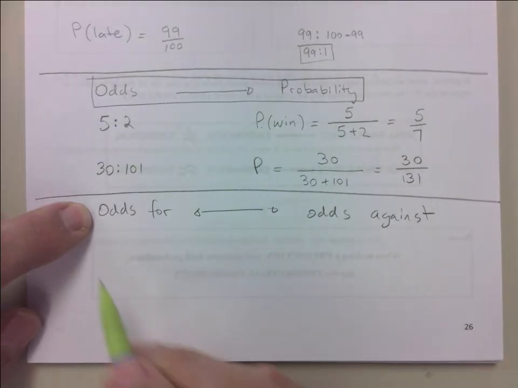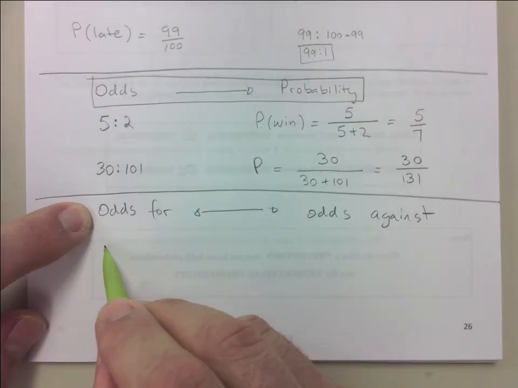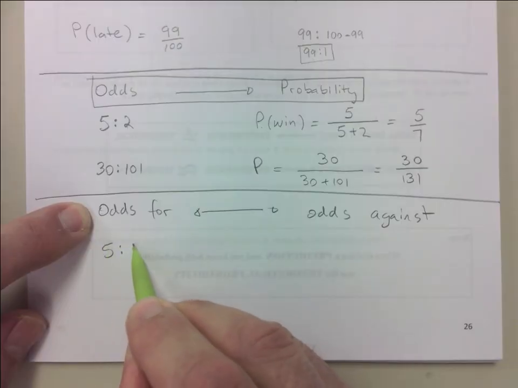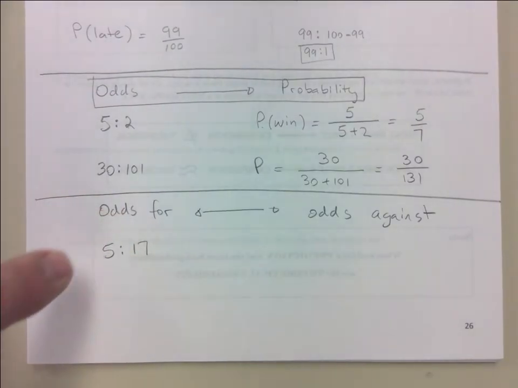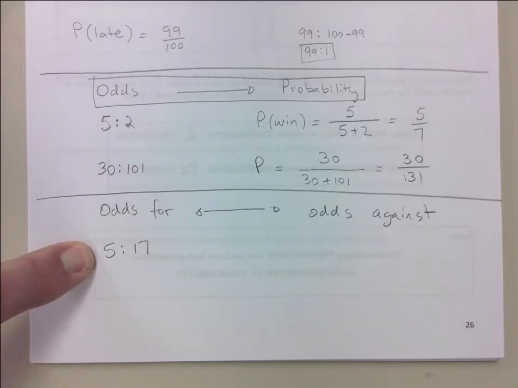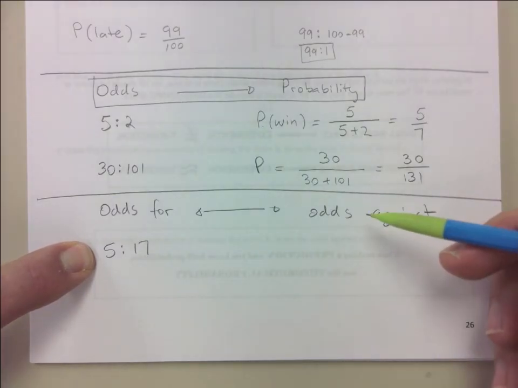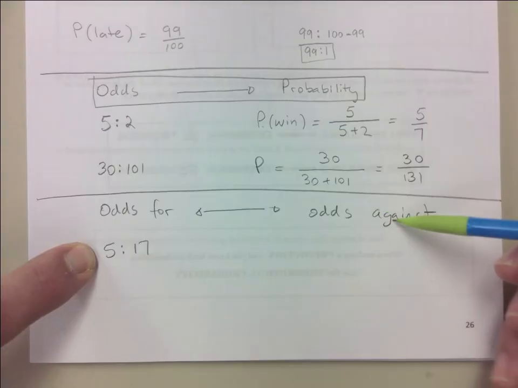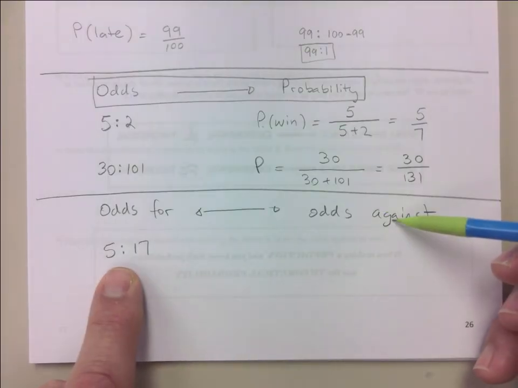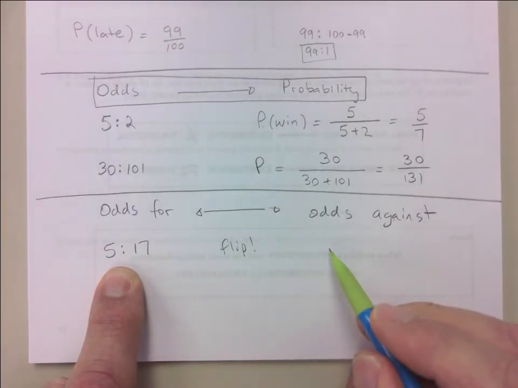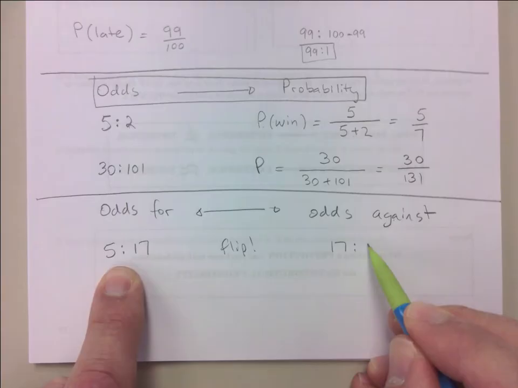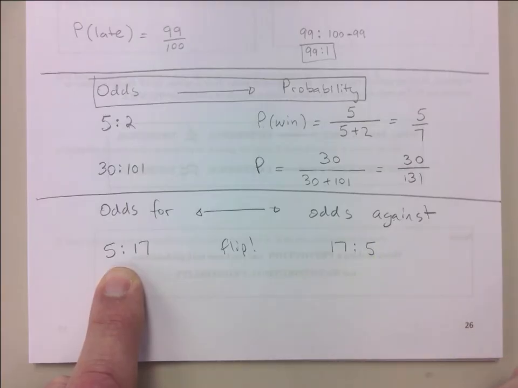If you're given odds, and I tell you that the odds are 5 to 17, the question tells you the odds in favor of something happening is 5 to 17. And that same question asks you, what are the odds against? The only thing you do is you flip it. So you put the 17 in front, and you put the 5 next to it like that.